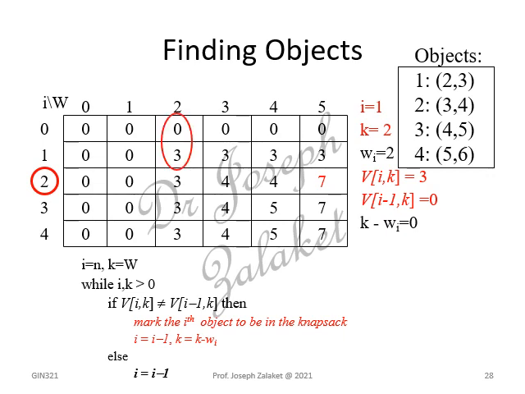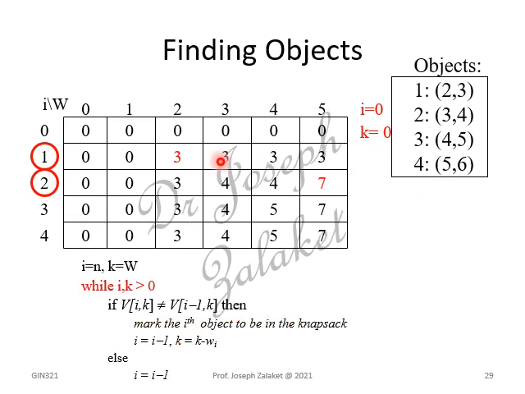Now comparing 3 with 0, values are different, so we will mark this object, object 1, and we will subtract the weight 2 from k, so we will reach the first cell here, and the work is done.